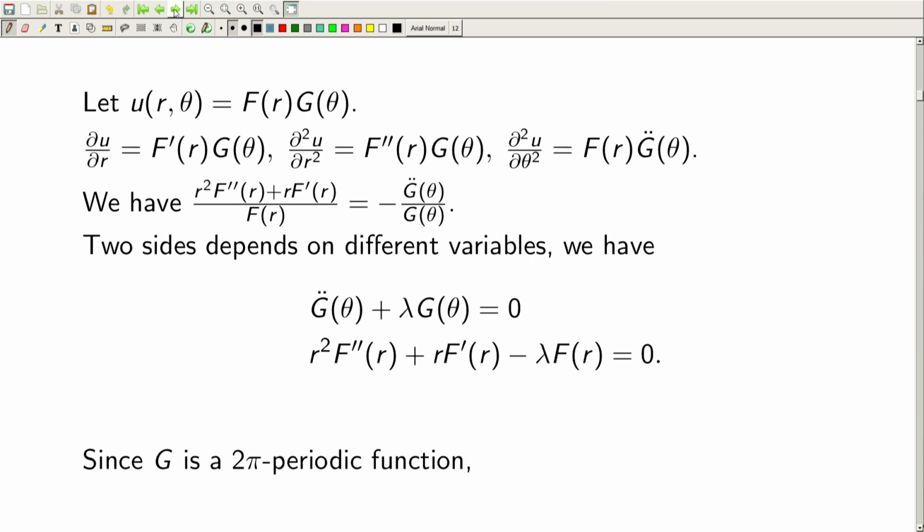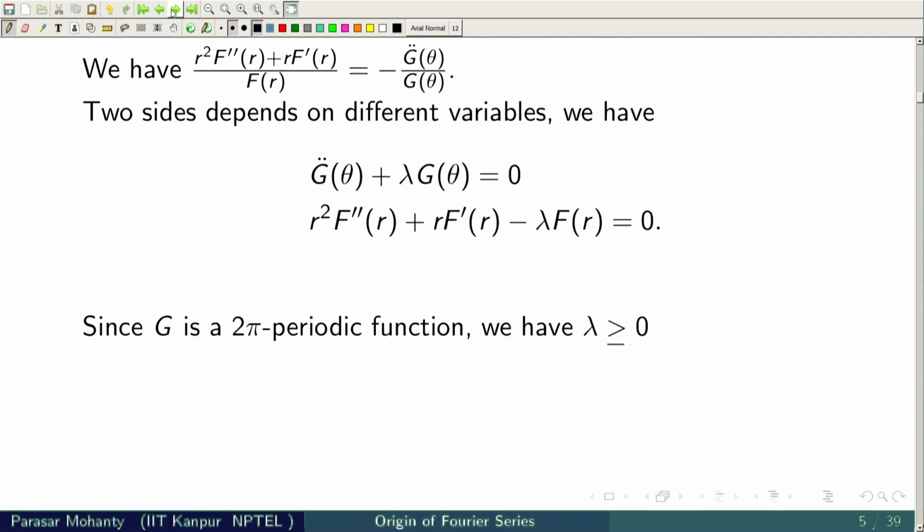In this course, we will discuss a lot more about periodic functions at a later stage. In this introductory lecture, I presume that you understand that 2 pi periodic means this is going to repeat after 2 pi.